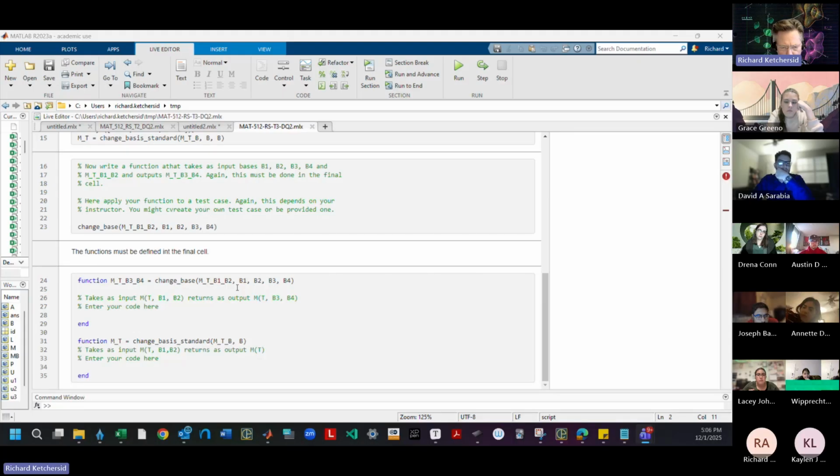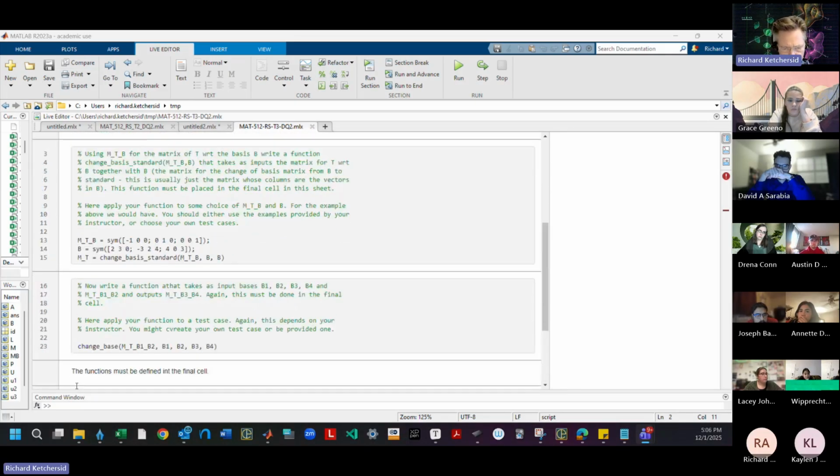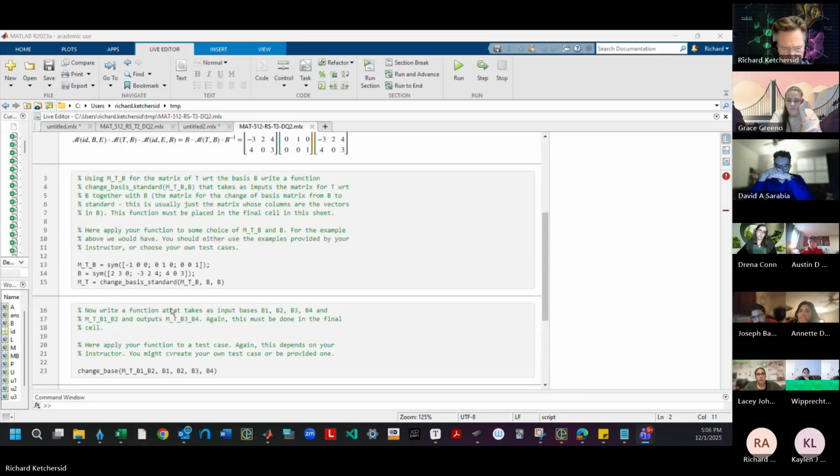And so the way this first one's going to work, let's see. Let me just make sure I understand this correctly. So you run a function that takes the bases B1, B2, B3, and B4, all those bases, and the matrix from B1 to B2, and outputs the matrix from B3 to B4, okay?